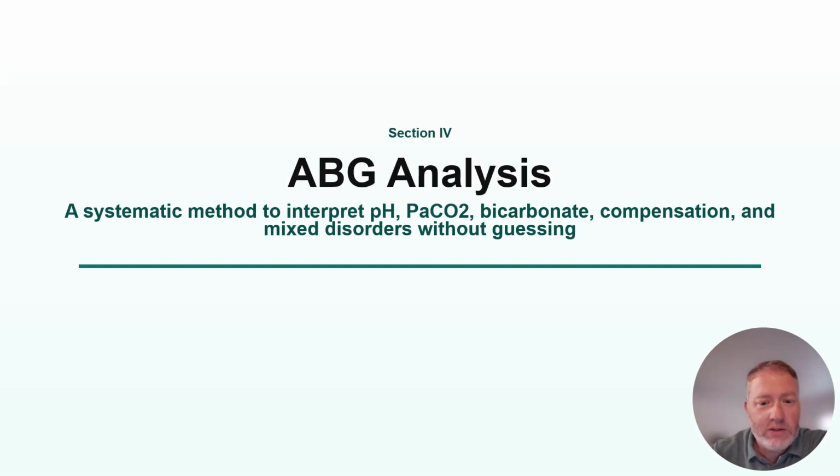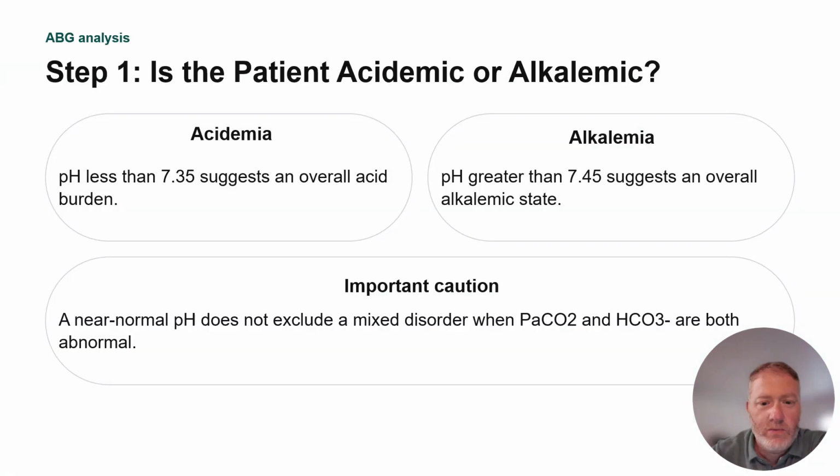ABG analysis, this should be reviewed. Step one for ABG interpretation is looking at the pH. Determine whether or not the pH is normal, and if it's not, whether it's low or high. 7.35 to 7.45 is the normal range.